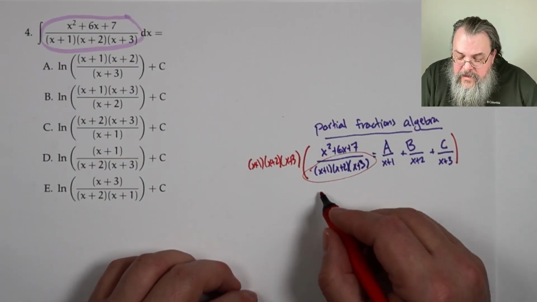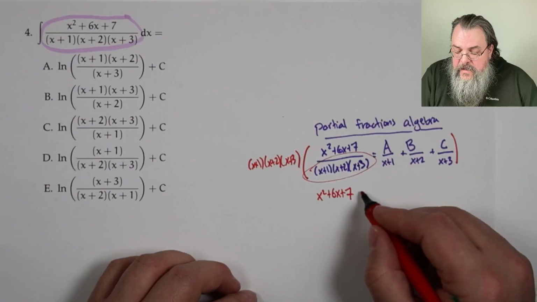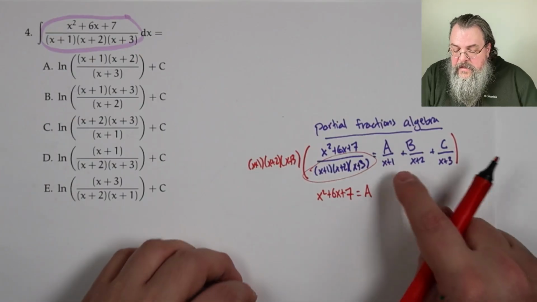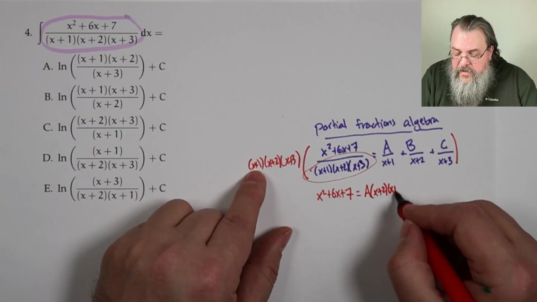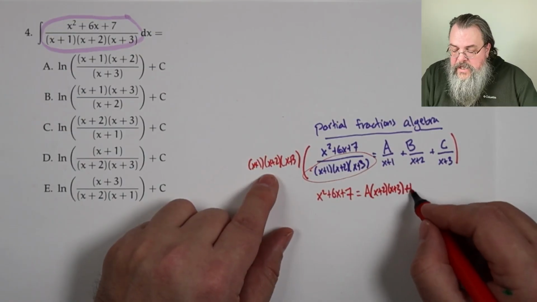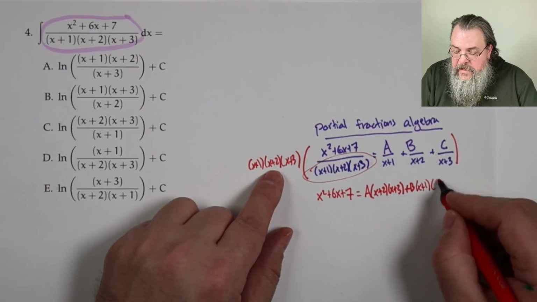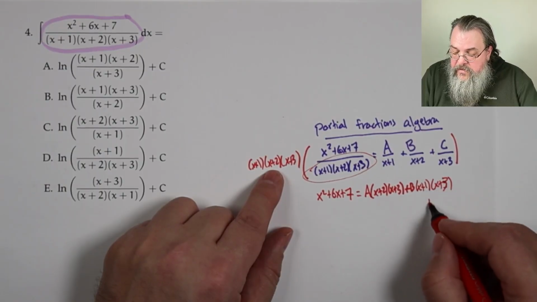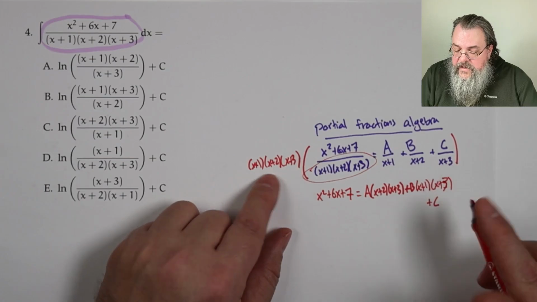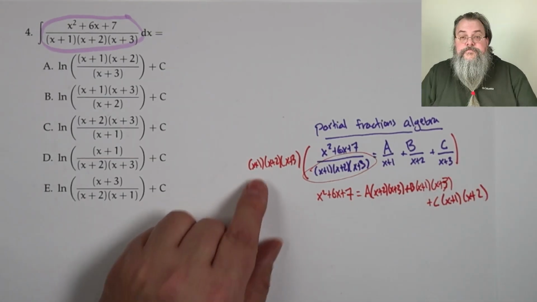And when we do that, we get x squared plus 6x plus 7 equals A. The x plus 1 terms cancel. x plus 2, x plus 3, plus B. The x plus 2's cancel. x plus 1, x plus 3. And then I don't have enough space, so I'll go to the next line, plus C. The x plus 3's cancel. x plus 1, x plus 2.